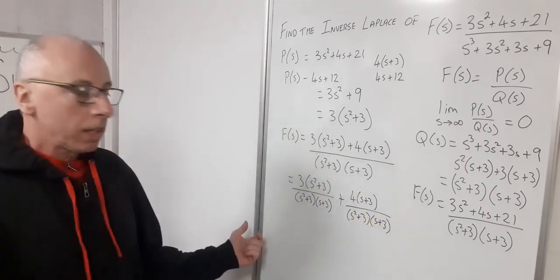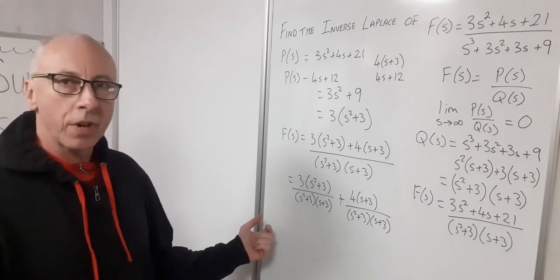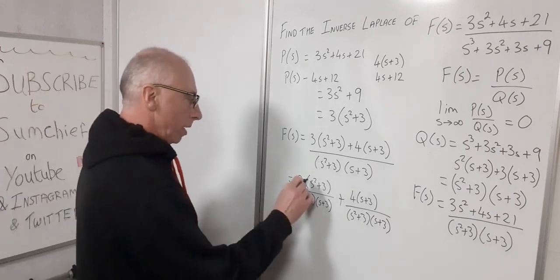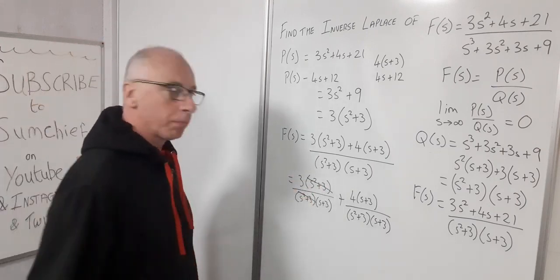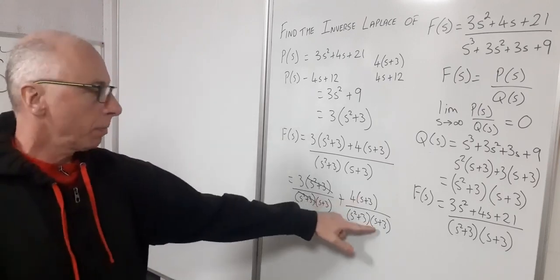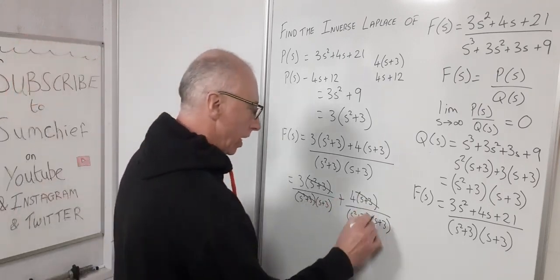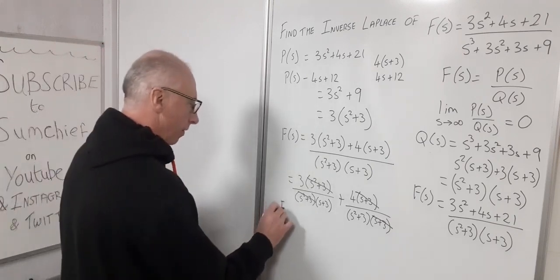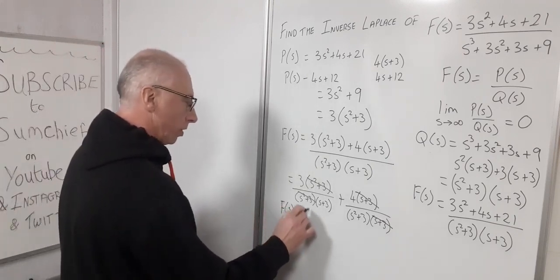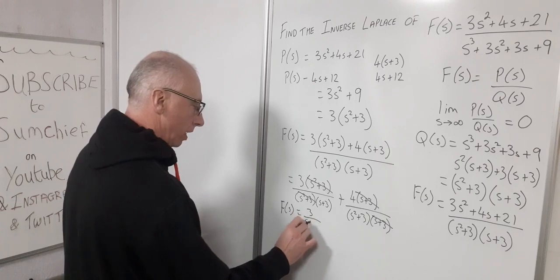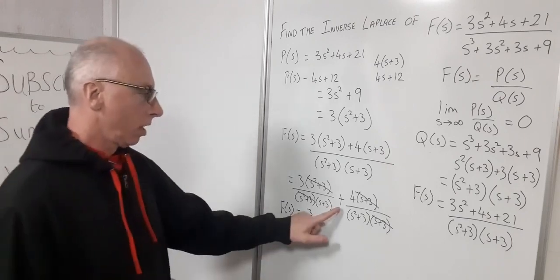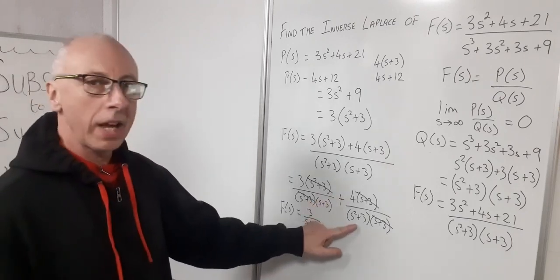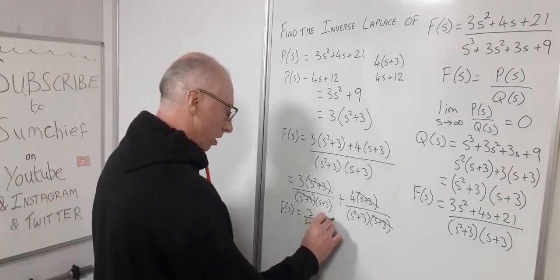So now I can start cancelling stuff out and leave me with two fractions. The s² + 3 can both cancel out, and here I've got s + 3 in both, so they will cancel out. So now I'm left with F(s) equals 3 over (s + 3) plus 4 over (s² + 3).